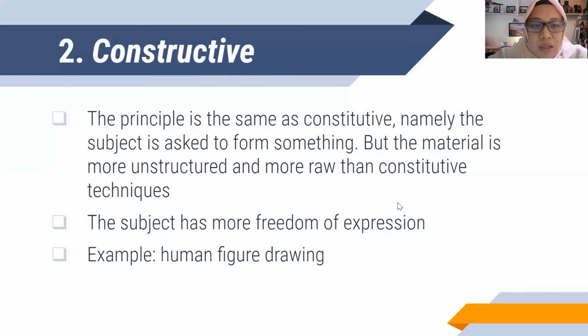The subject has more freedom of expression. For example, in human figure drawing, the subject is only given a sheet of blank paper, and he or she may draw any kind of human figure in that scene.